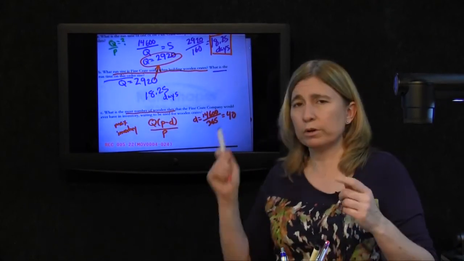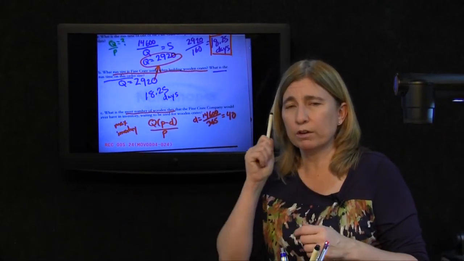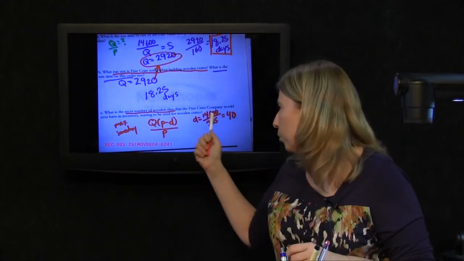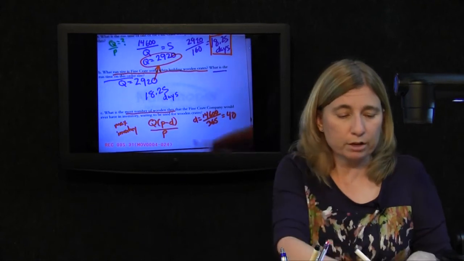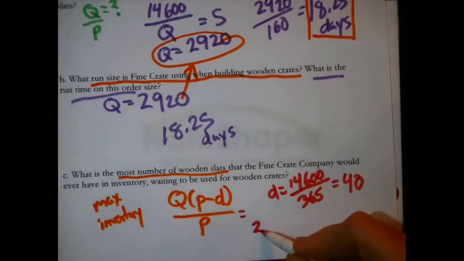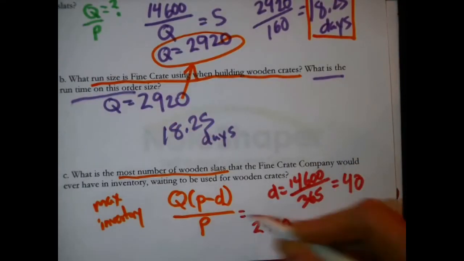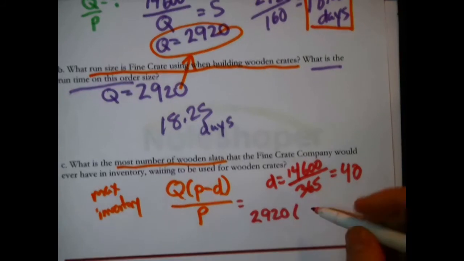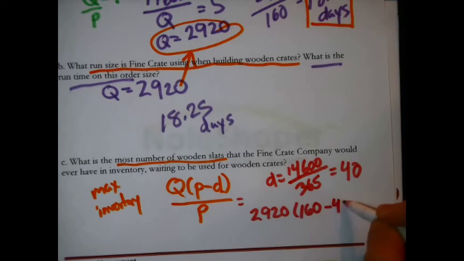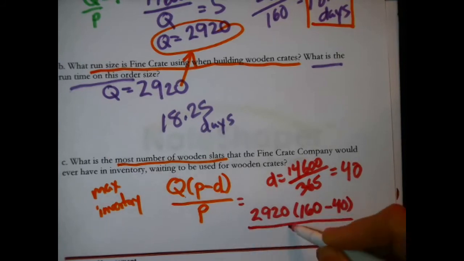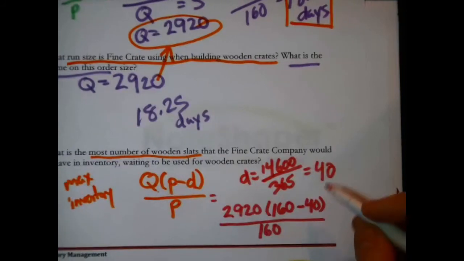Now between what we noted originally, what we have calculated since, and what we just figured out, we've got everything we need to complete that formula. Because we'd say 2,920, that's the Q, times P, which has always been 160, minus 40, divided by 160.